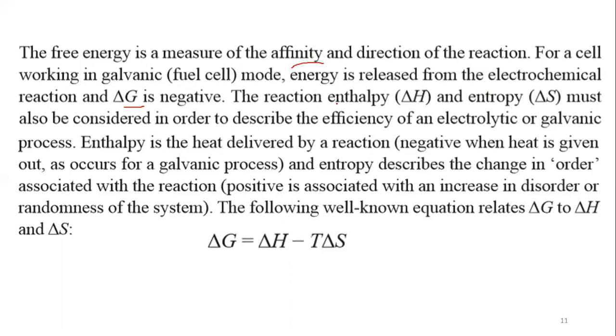The reaction enthalpy and entropy must also be considered to describe the efficiency of electrolytic or galvanic processes. That's also very important, because you cannot say only that delta G is important: delta G is related to delta H and T delta S. Both of them are also important.